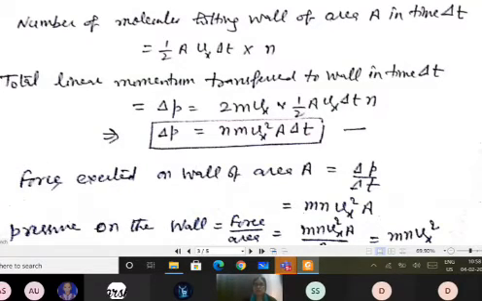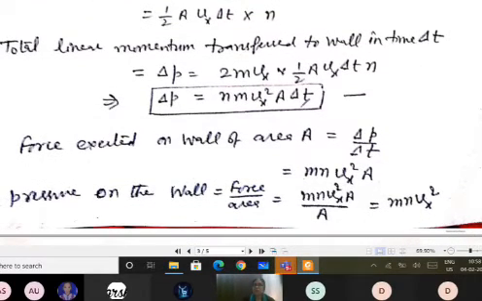Now what will be the force exerted on the wall? By Newton's second law, force is the rate of change of linear momentum, so it equals delta P by delta t. If you put the value of delta P here, you get m n Vx square A, because delta t gets cancelled.